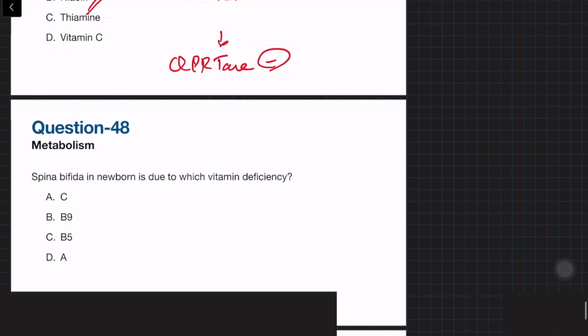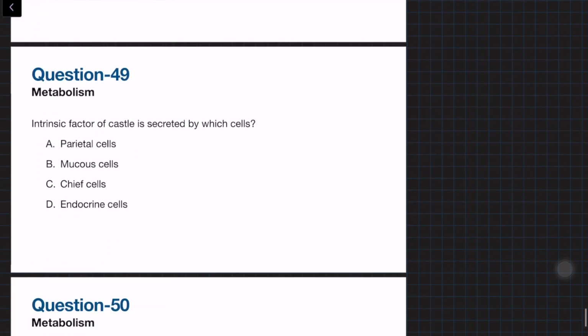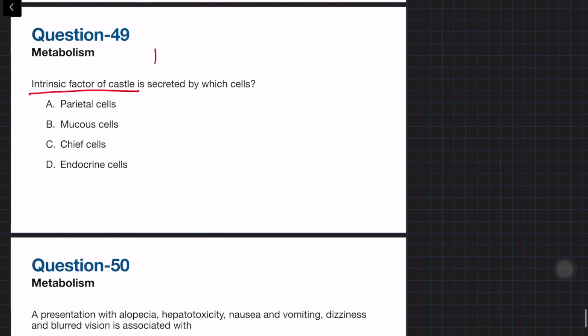Okay, spina bifida, what is that? A neural tube defect. This neural tube defect will be due to folic acid, vitamin B9. That's why we are supplementing mothers with folic acid. Intrinsic factor of Castle, which is used in B12 absorption, is secreted by parietal cells.